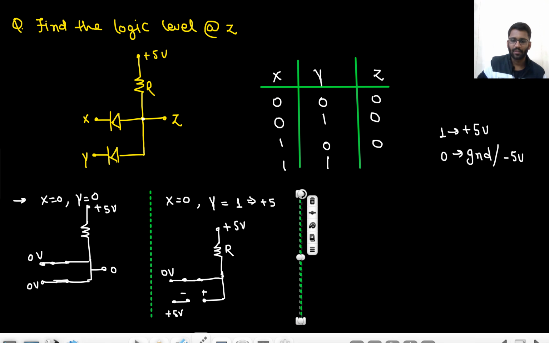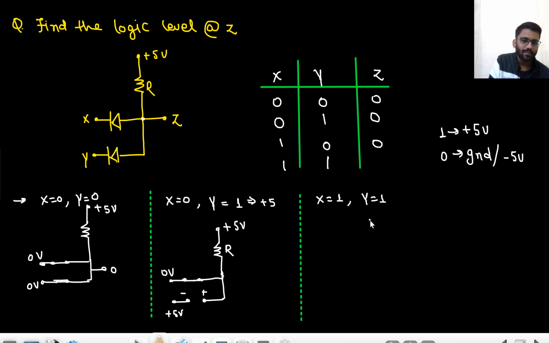1, x and y both are 1, x equals 1 and y equals 1. Okay, I am applying the open circuit test, but I am not open circuiting the diode.